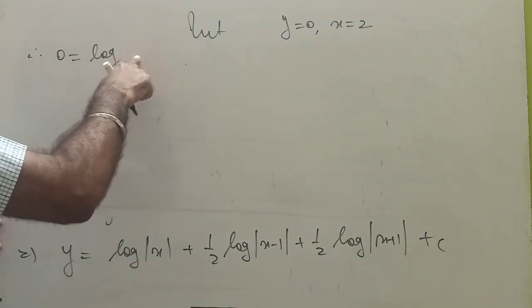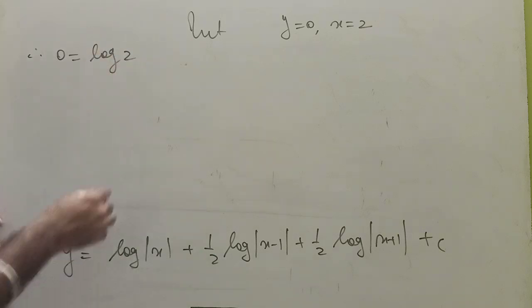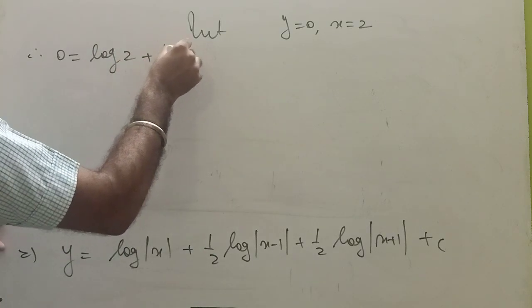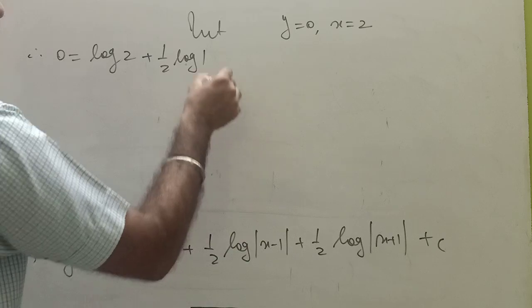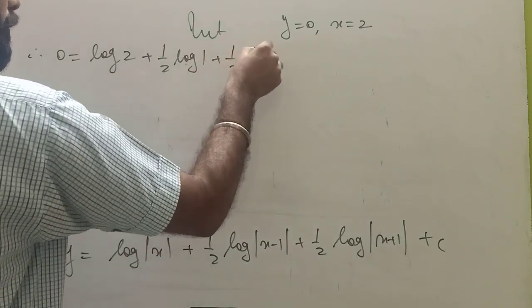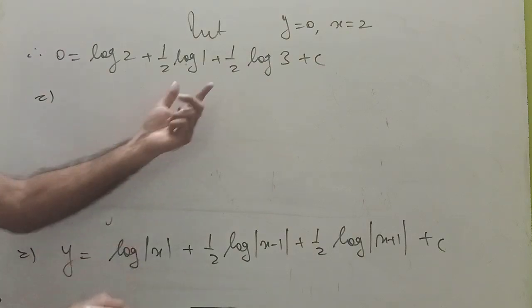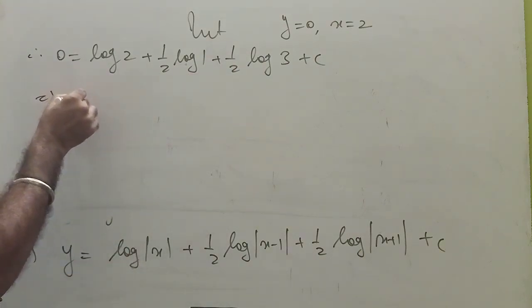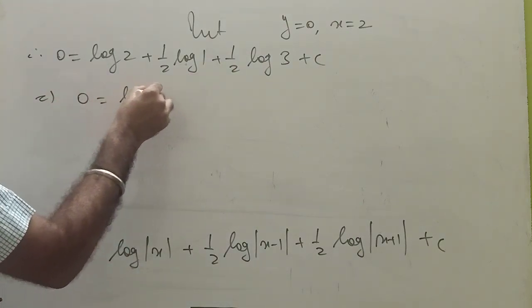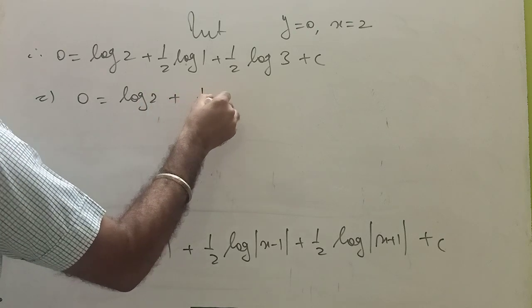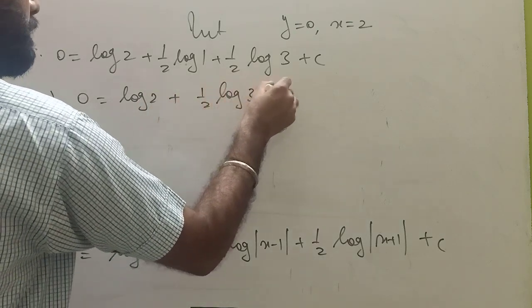Mod can be removed because 2 is always positive. Minus log 2 plus 1 by 2 log 1 and plus 1 by 2 log 3 plus c. Log 1 is 0. So 0 = minus log 2 plus 1 by 2 log 3 plus c.